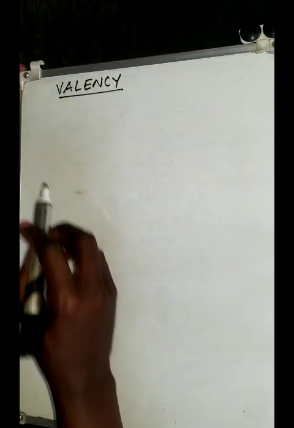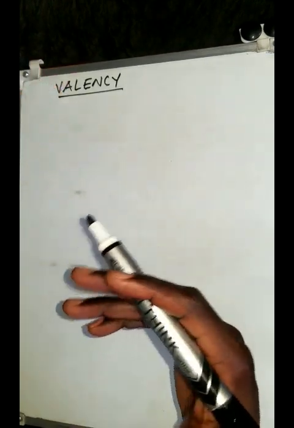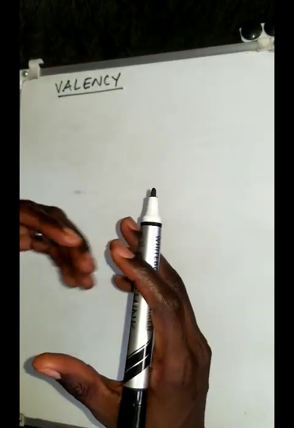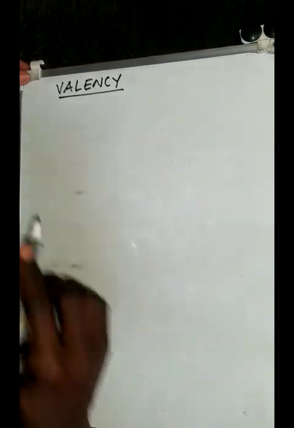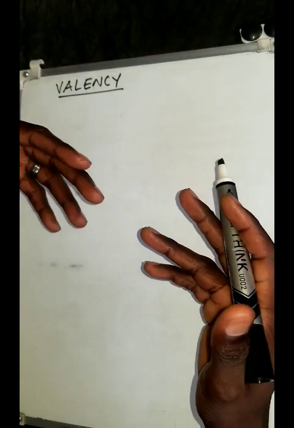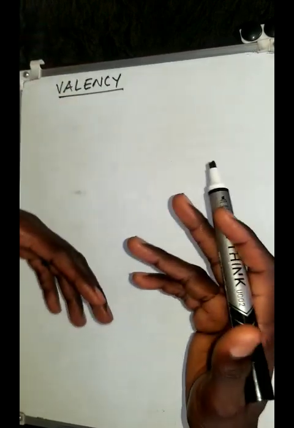When we talk about valency, we can simply say it is the combining power that defines the number of electrons that form an ion. That can either be positive or negative.